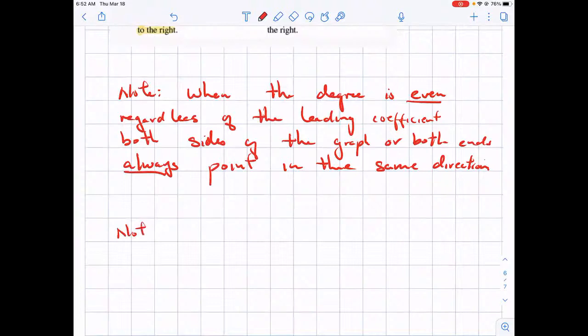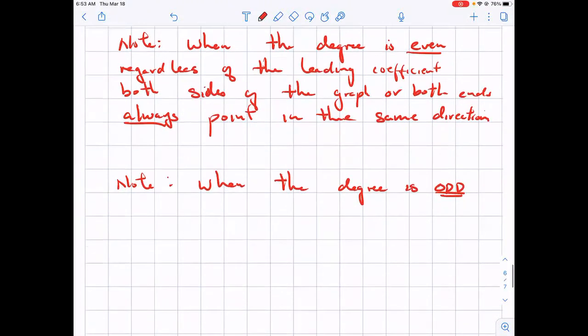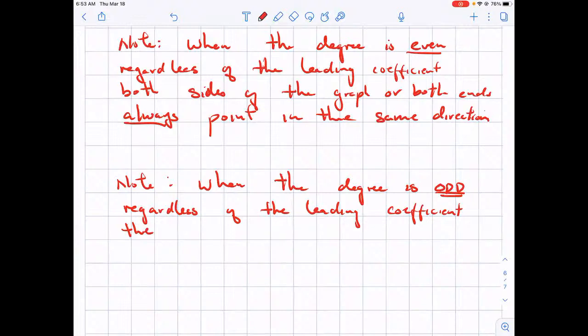And also note that when the degree is odd, regardless of the leading coefficient, the graph points in the opposite direction.